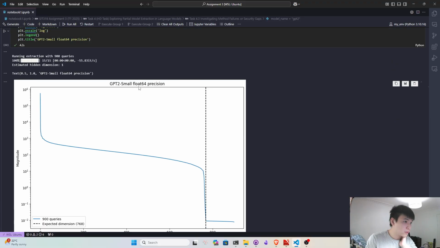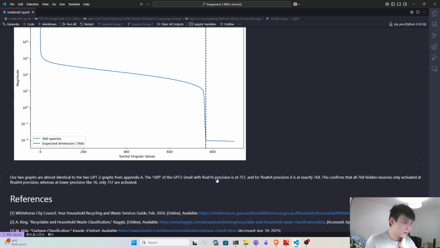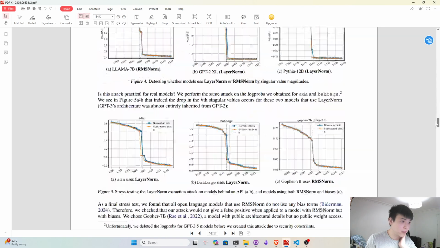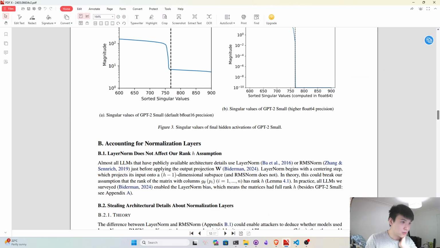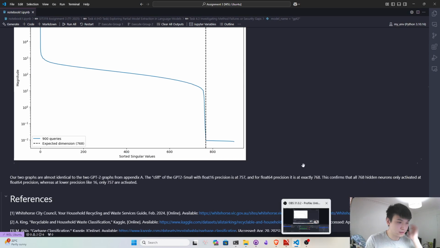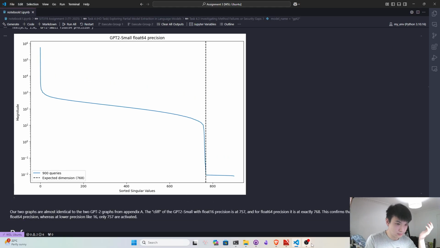But if we use a higher precision like 64, then all of the hidden neurons are activated, and this aligns with the paper's findings as well. So yeah, it's aligned with the paper, and I think that's about it. That's the theoretical implementation of the paper.